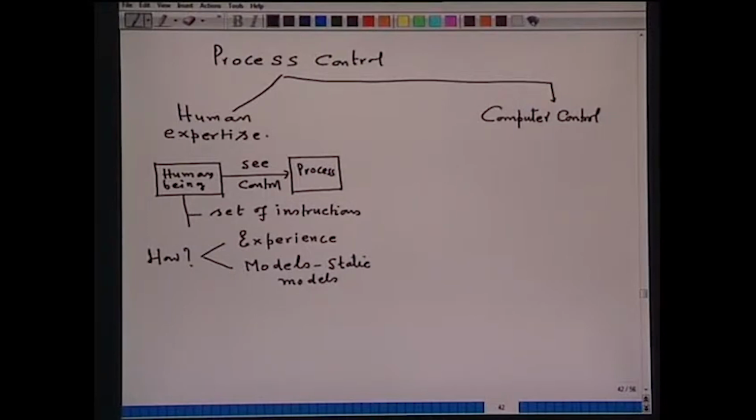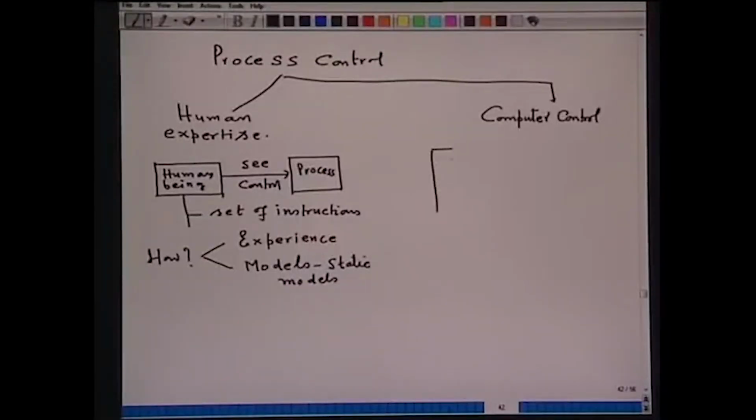He should sit in an air conditioned room, and the output of a process is being controlled by a computer through a set of instructions which are given online, and the information from the process is also received online.